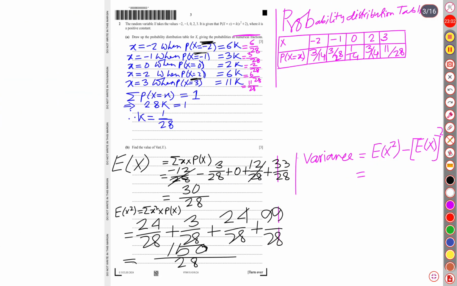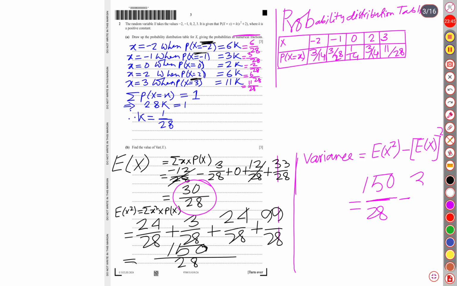Well, equal to, now we will just insert the values we have already obtained. What have we obtained? We have got E of x squared is 150 over 28. So we will write here 150 over 28 minus E of x whole squared. E of x was, what was our E of x? E of x was 30 over 28.